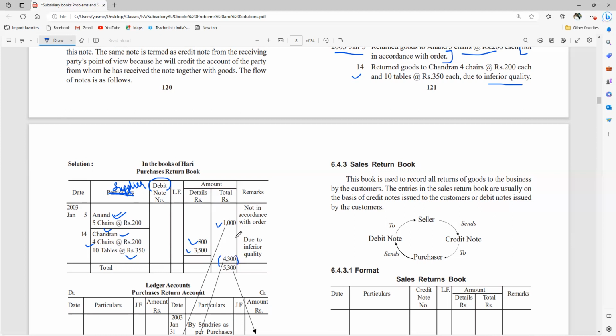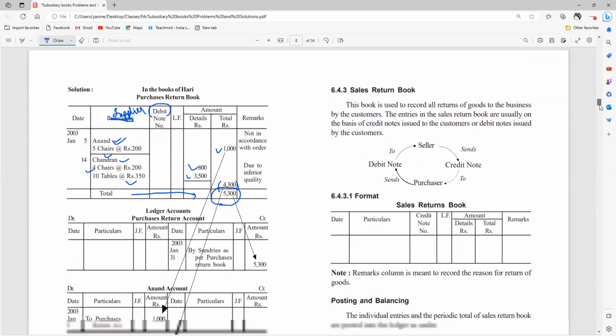So the total of this purchase return book is 5,300 rupees. This 5,300 rupees should be recorded on the credit side of the purchase return account in the ledger book. If we are recording a purchase return account, it goes to the credit side.